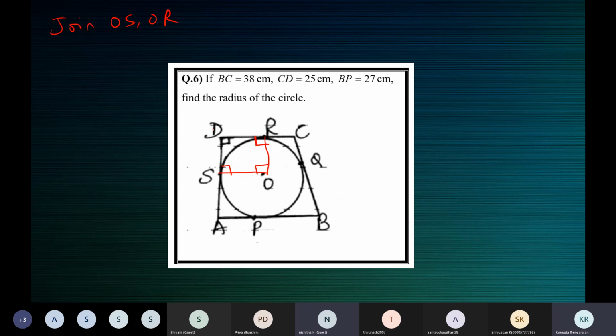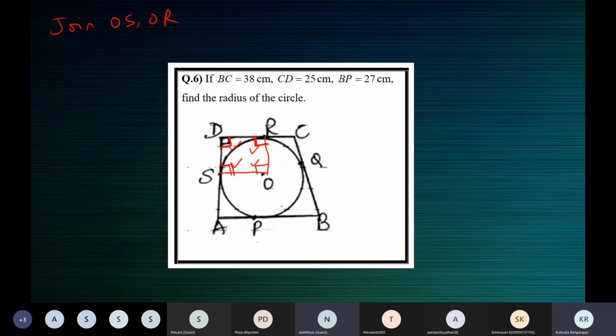So one of the angles is 90 because the radius is perpendicular to the tangent. OS is the radius and AD is the tangent. In the quadrilateral, since one angle is 90, the second 90, the third 90, the 4th angle also has to be 90 degrees.